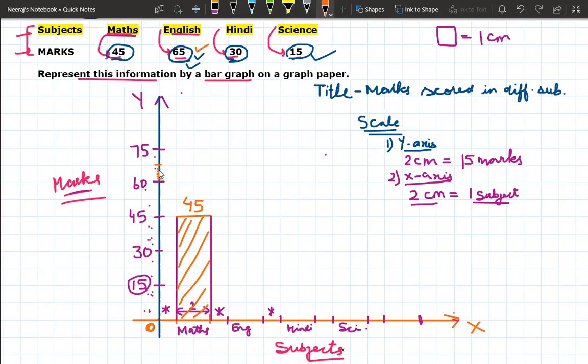After 5 lines you will get one box, then again you get 1, 2, 3, 4, 5. There are 5 divisions in one box, so the middle will give you half of it. So this would be 61, 62, 63, 64, and the 65. So here you will get the 65. From here till here you have to draw 65.